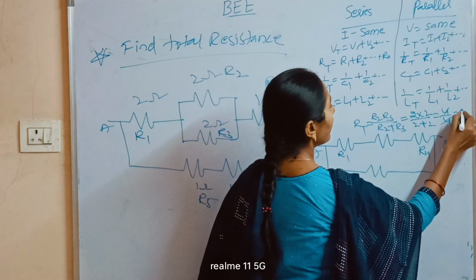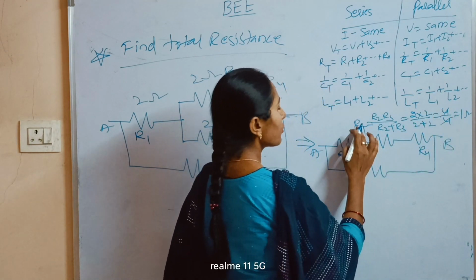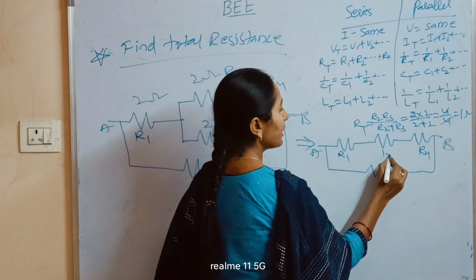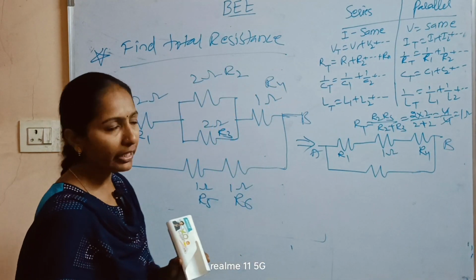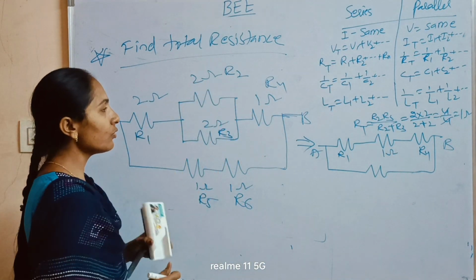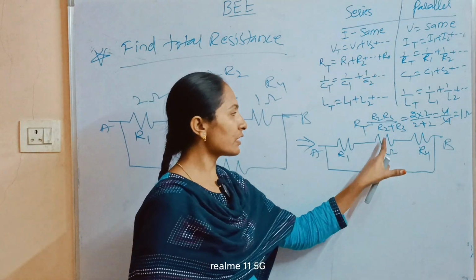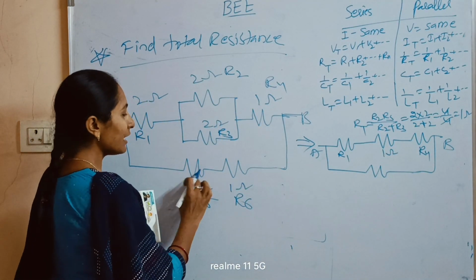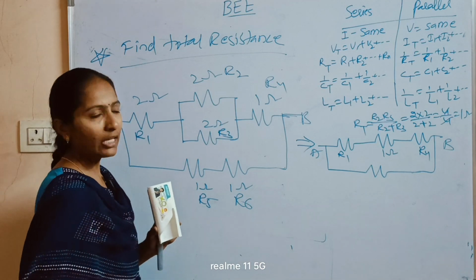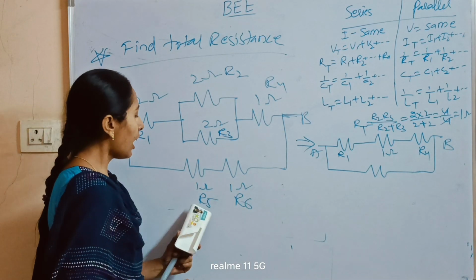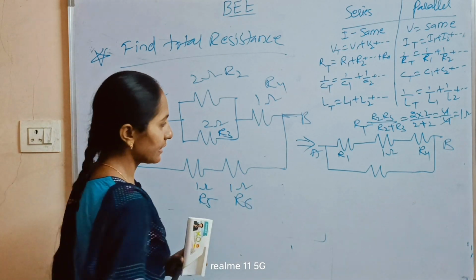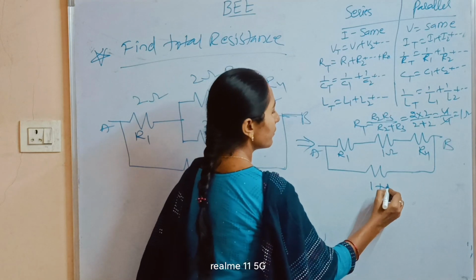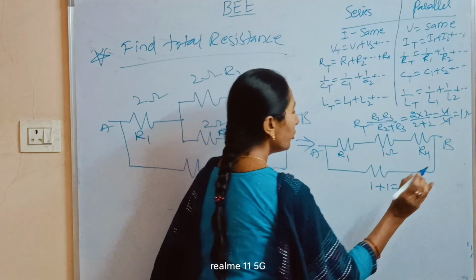That is nothing but 1 ohm. Okay. So now this resistor is 1 ohm. Now coming to this point, here these two are in series only. So for the series combination, R5 plus R6, that is 1 plus 1, that is 2 ohm.